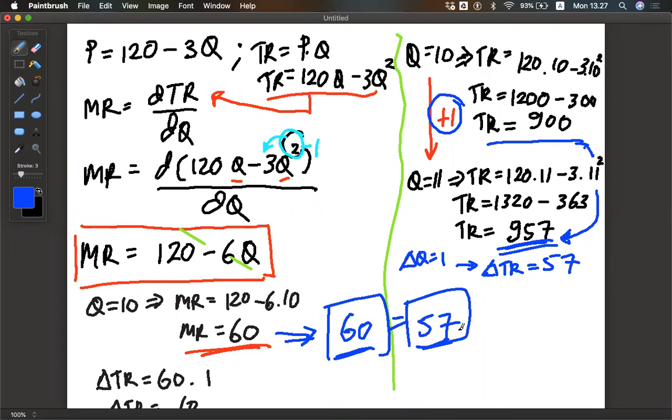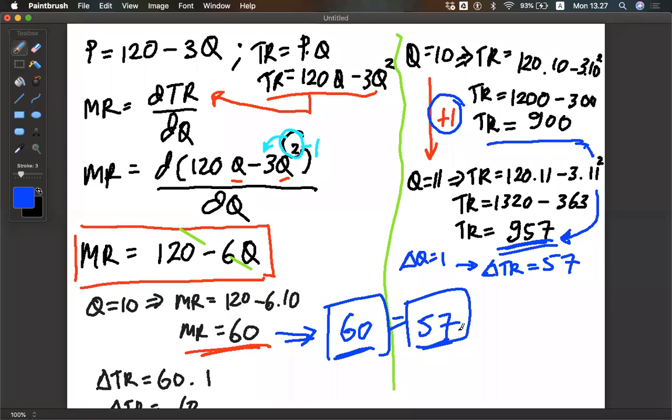So the marginal revenue actually just wants to estimate how much the total revenue changes if there is a change in total quantity demanded, without calculating or putting the number into the equation.